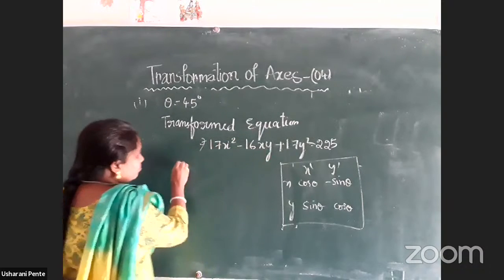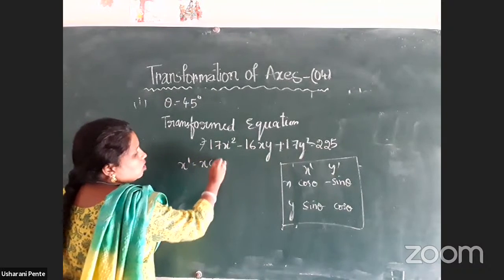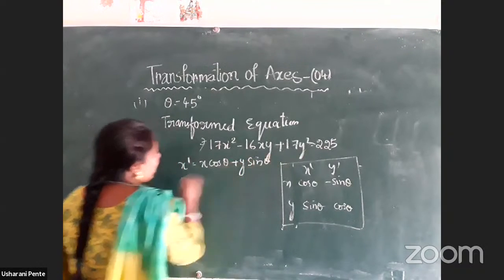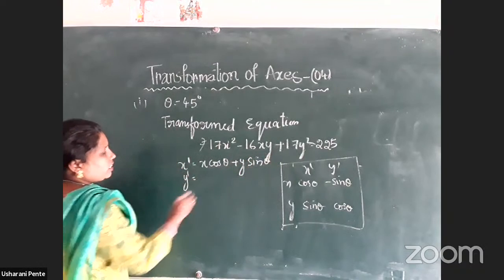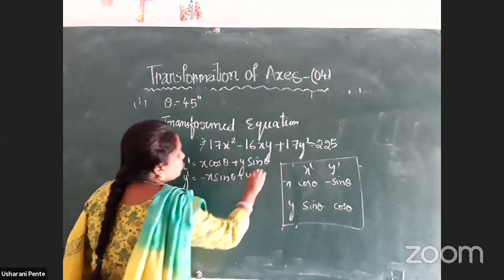To get the original equation, x dash is equal to x cos theta plus y sin theta, and y dash is equal to minus x sin theta plus y cos theta.